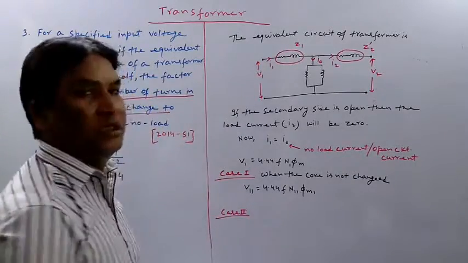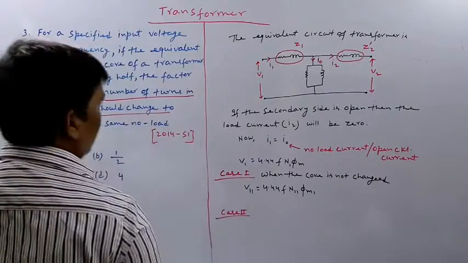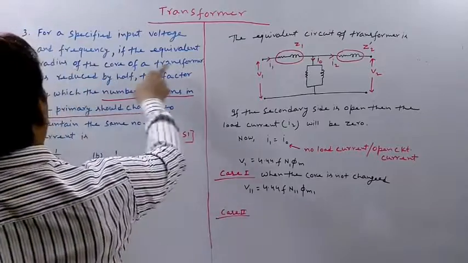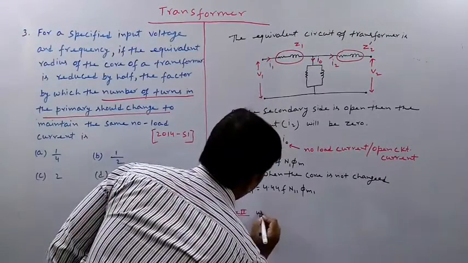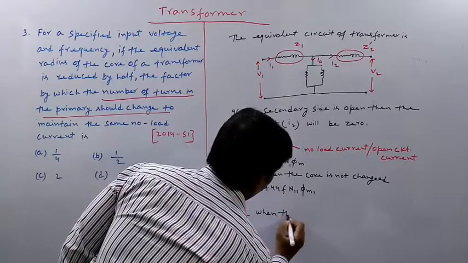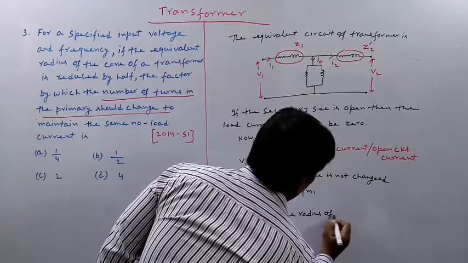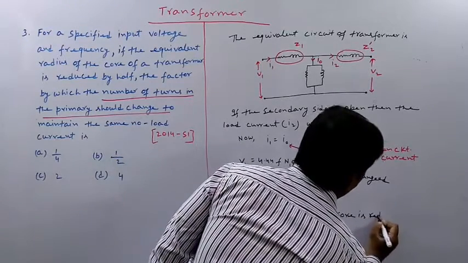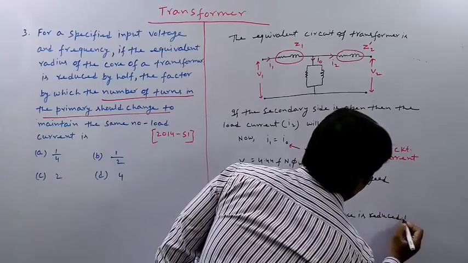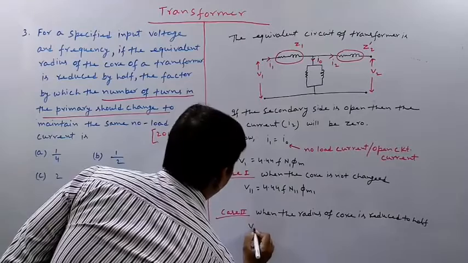When the radius of the core of the transformer is reduced to half, let us denote the induced voltage as V12.